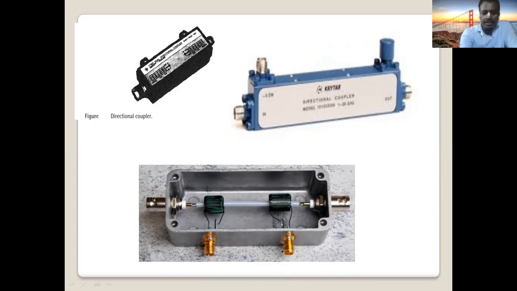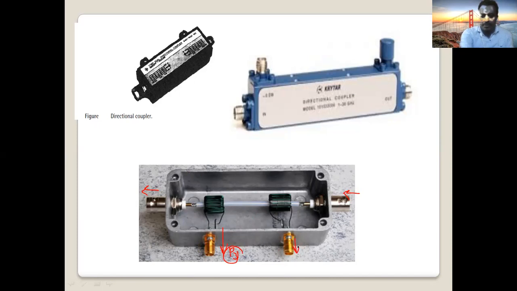In some applications, you can apply your input from this direction. Now this is the input port. This becomes the direct port. You can apply your input in both directions. In this case, this will be our coupled port. You see, previously this was the isolated port. Now, because the signal comes in the opposite direction, this becomes our coupled port P3.